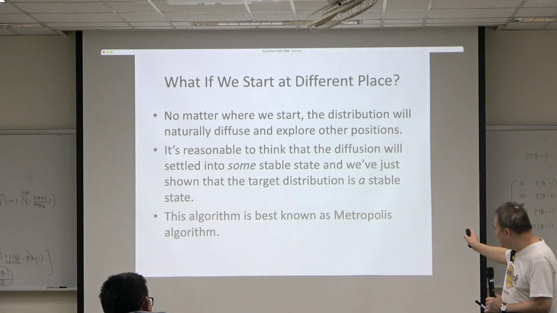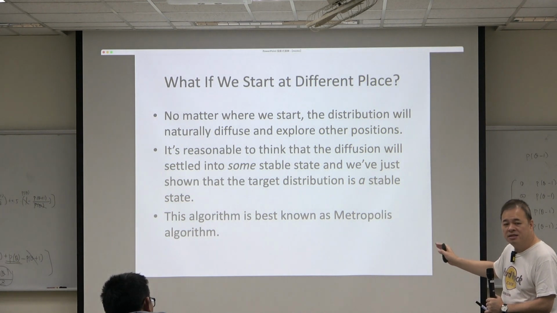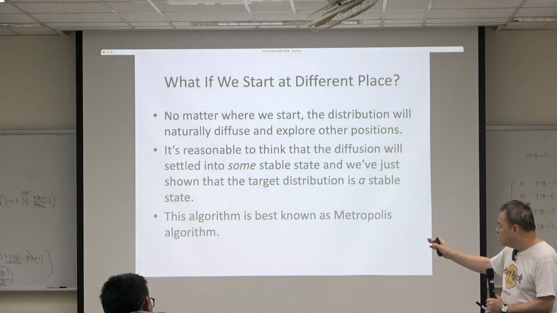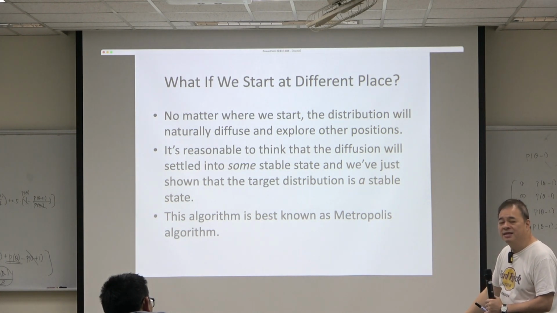We know the target distribution is one stable state, as I already showed you. But we didn't show that there's only one stable state. You may have more than one stable state. So mathematically, this is not exactly a proof.